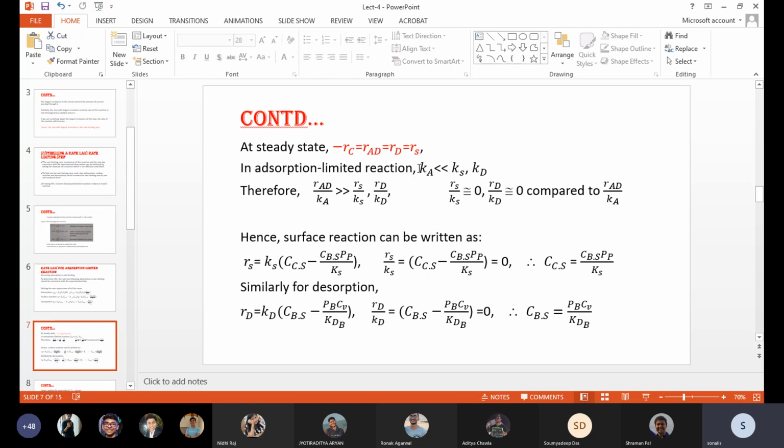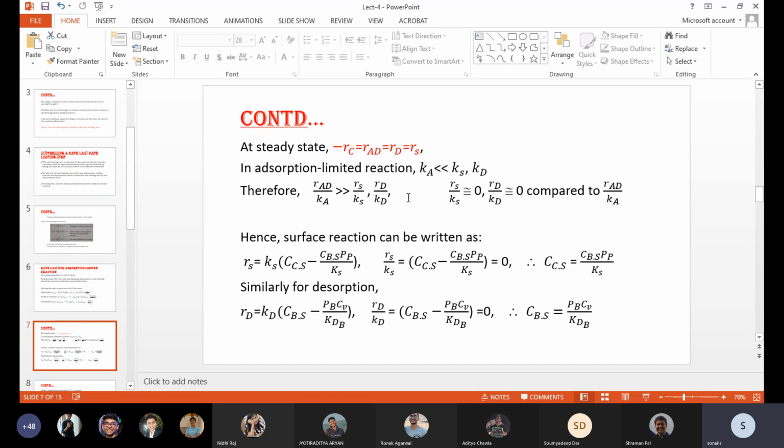So in an adsorption limited reaction, the forward adsorption rate constant is very, very low compared to the rate constant of reaction and the rate constant of desorption, because adsorption is very slow and they are faster than the adsorption step. So we can write Ka is very, very less compared to Ks and Kd.